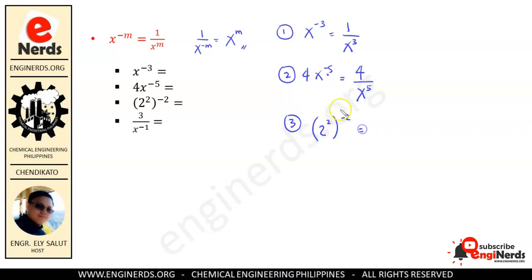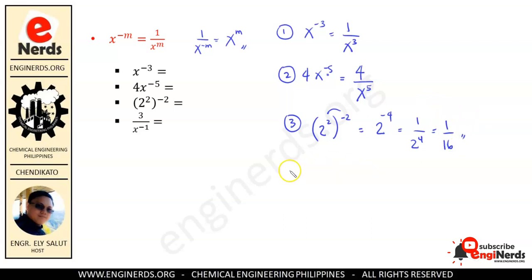So, our property is, we multiply it by the exponent inside our parenthesis. So, we have 2, then 2 times negative 2 is negative 4. So, we'll have here 1 over 2 to the 4th, which is equal to 1 over 16.